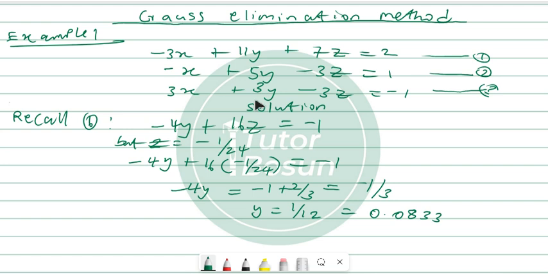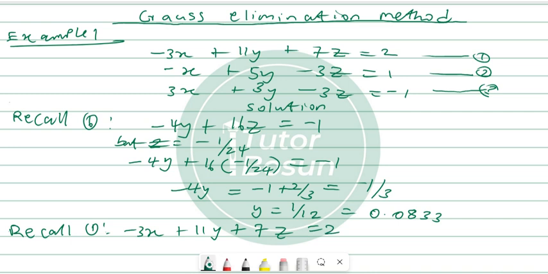So we can also substitute those two unknowns into an equation containing 3 unknowns. Let's recall equation 1, because equation 1 has 3 unknowns. Recall equation 1, which says minus 3x plus 11y plus 7z equals 2.